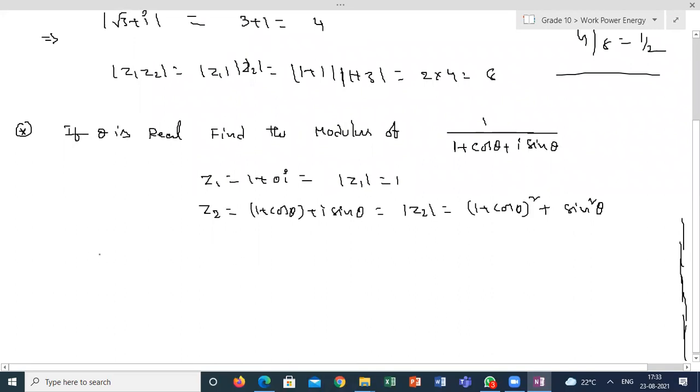The options are like this: half secant theta by 2. The second option is half cos theta by 2. The third option is secant theta by 2.